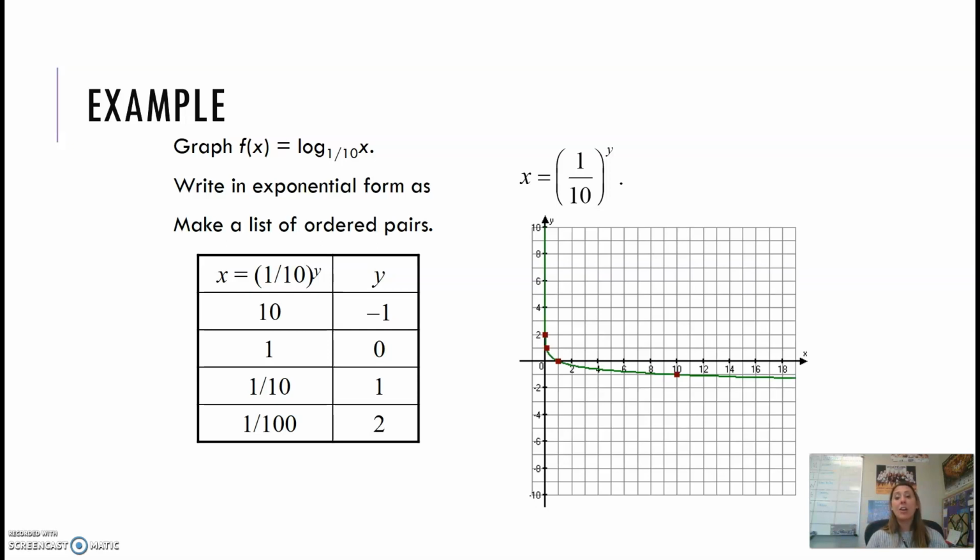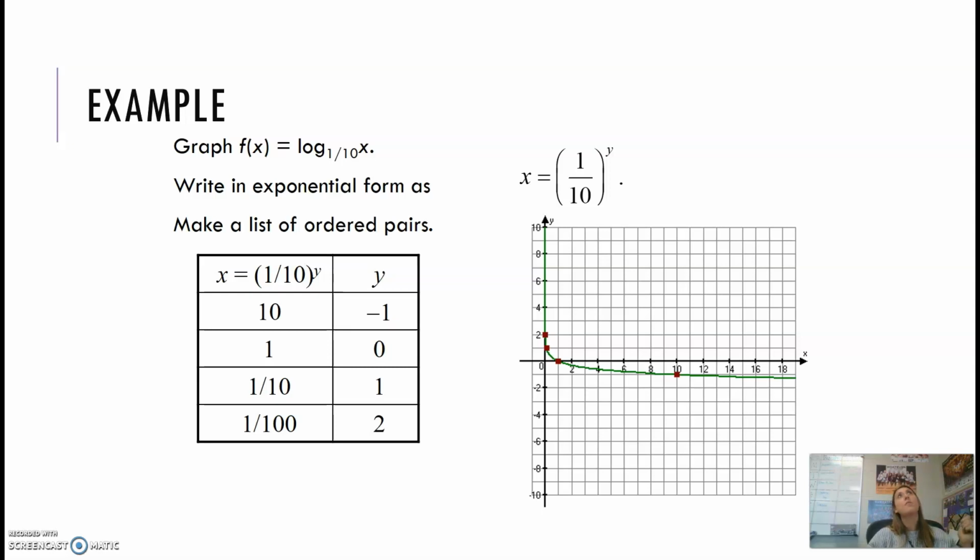And again, our domain is going to be 0 to infinity because it stays positive right here. And then it's never going to cross that y-axis. We have our range, which is going to be negative infinity to infinity, and then we have our equation of the asymptote, which is going to be x is equal to 0.